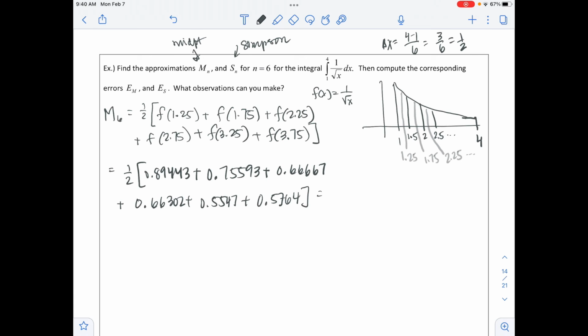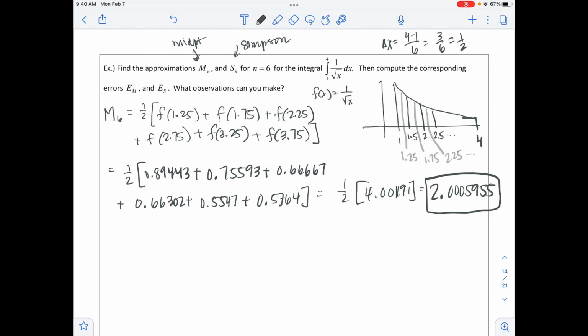And so from here we have 1/2 times 4.001191, which is going to work out to being 2.0005955. So this is our approximation using the midpoint rule.